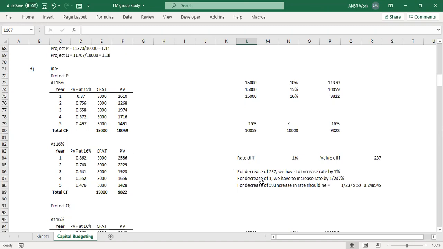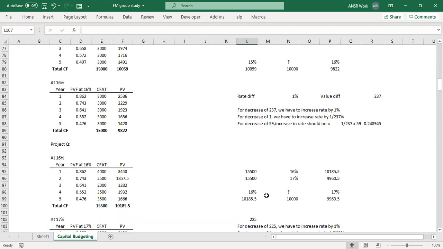But for the next one, project Q, we have to find year wise and then add up for 16%, 17%, like that. Absolutely correct. For every rate, you have to go by year. You are absolutely right. So we don't have the easy shortcut method. No, we don't have the shortcut.